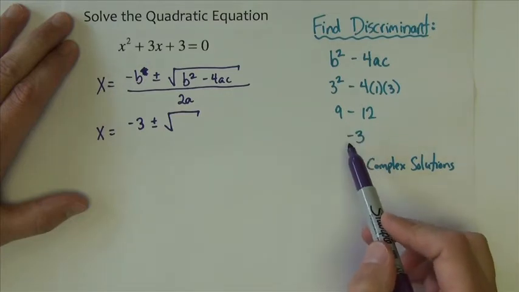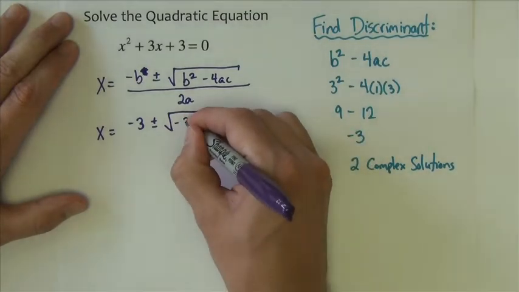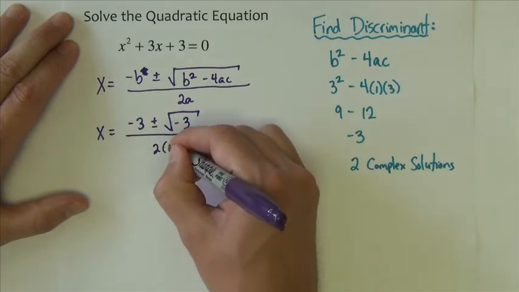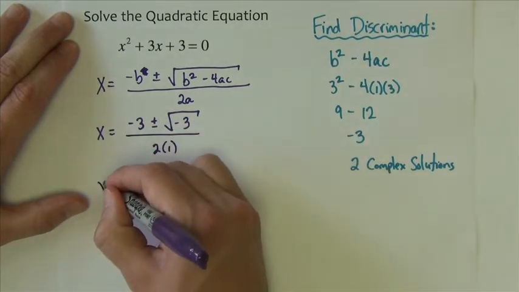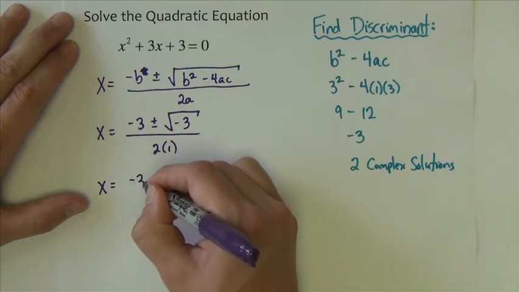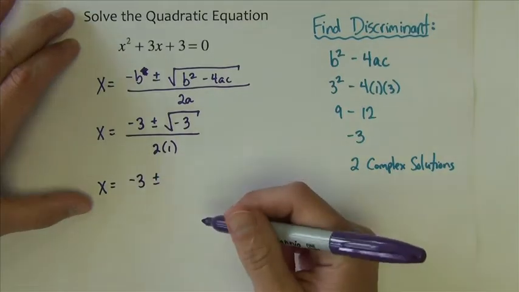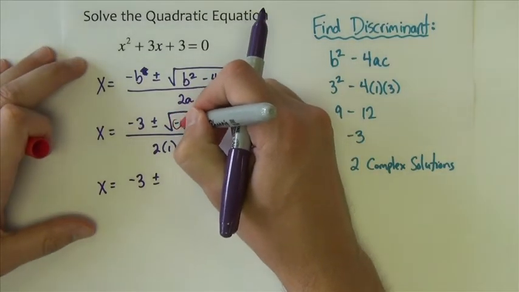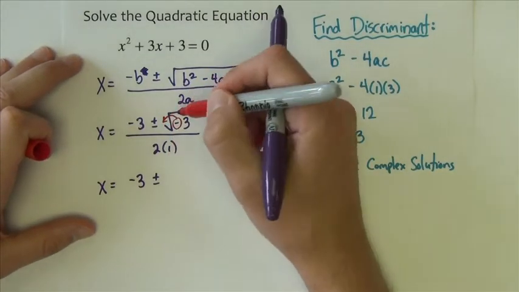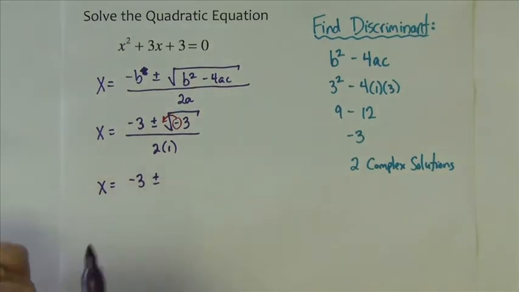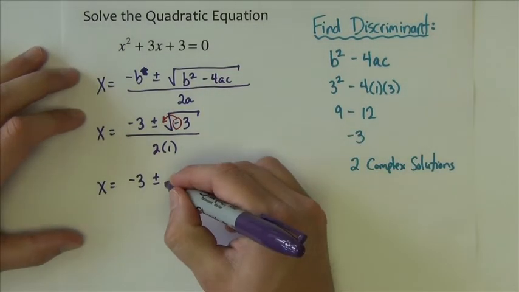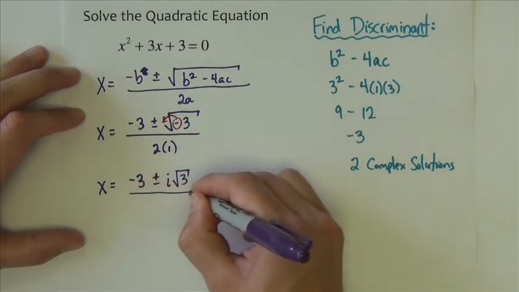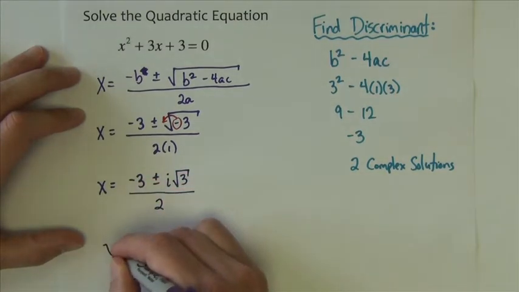So there's no sense in reworking that value. I'm just going to place the value there, negative 3, divided by 2 times 1. So I get x equals negative 3 plus or minus, in this square root, the negative part comes out as our imaginary unit. So we get plus or minus i square root of 3 divided by 2.